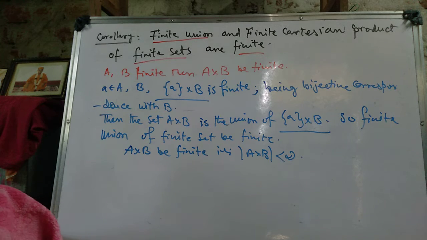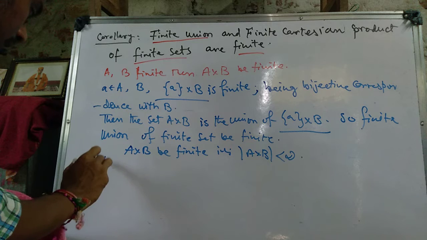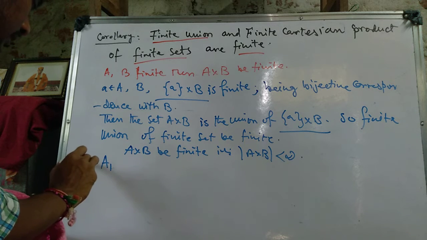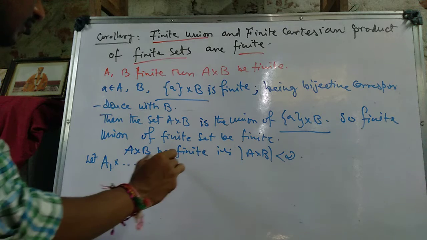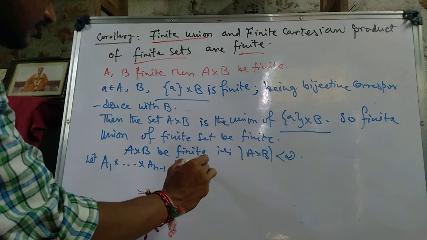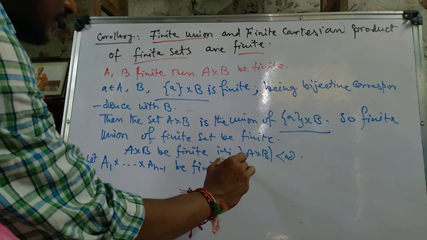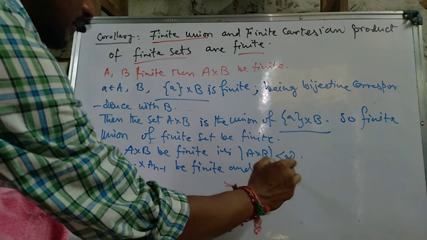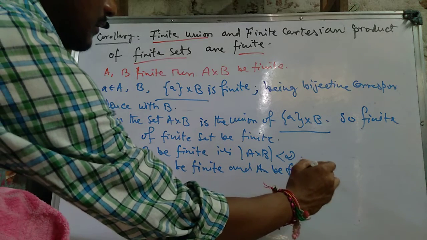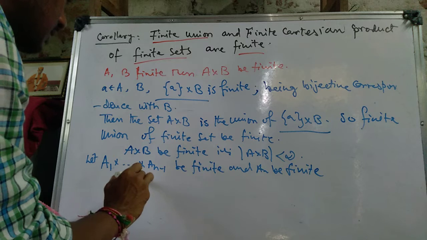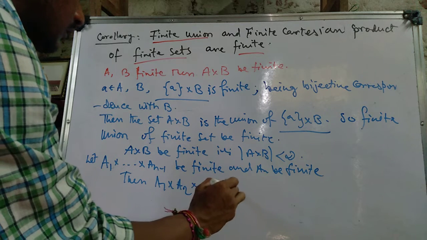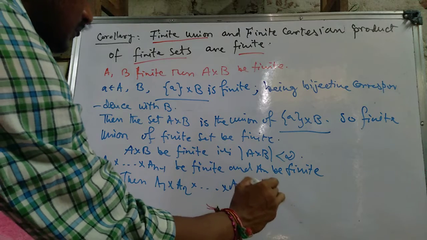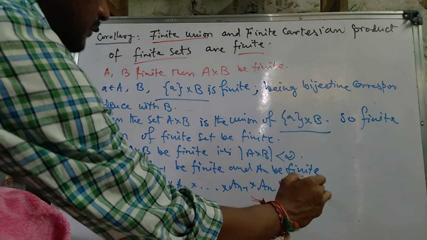Now we prove: if A1 Cartesian product dot dot dot A(n minus 1) is finite and An is finite, then obviously A1 Cartesian product A2 dot dot dot A(n minus 1) Cartesian product An is finite.